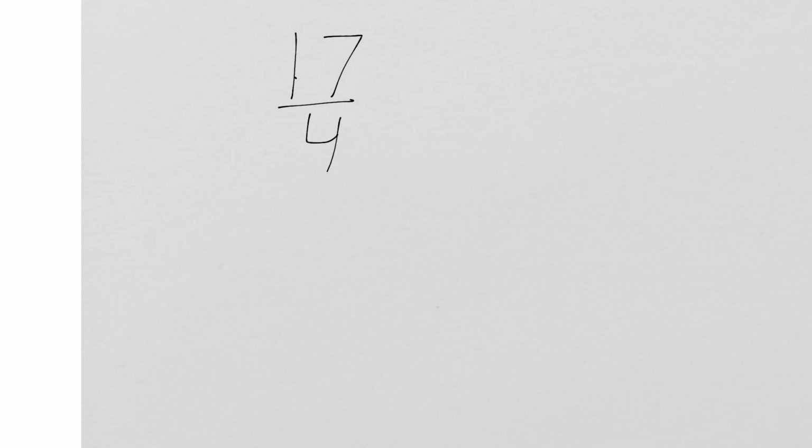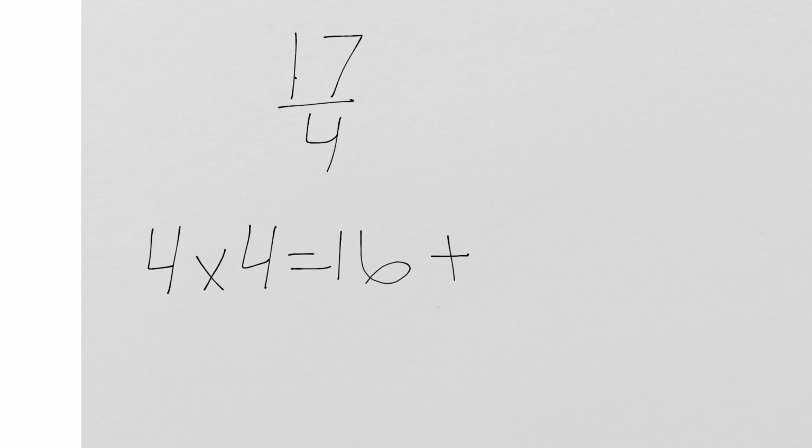Knowing our multiplication tables is very important. We want the closest multiple of 4 to 17 without going over. So we're going to use 4 times 4, which is 16. That's as close as we can get. Now we add until we get to 17. Well, 16 plus 1 equals 17.